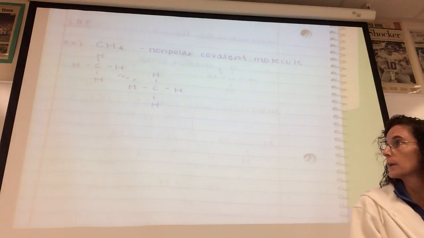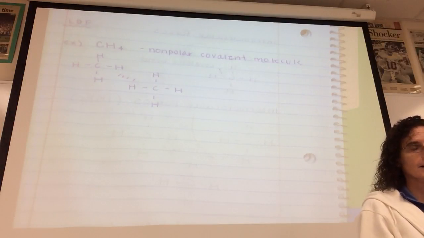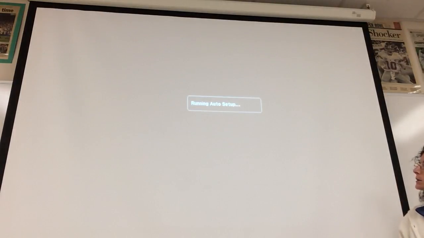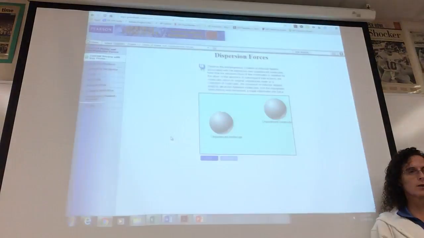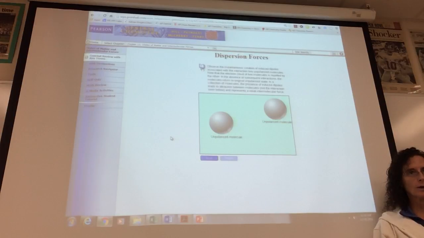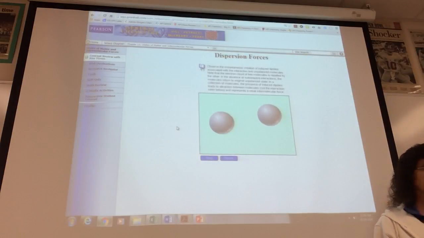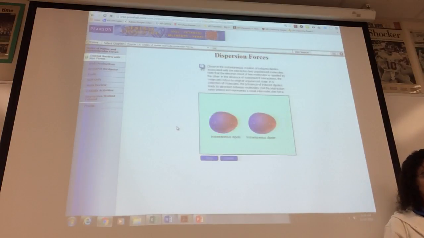Now this molecule here does not have dipoles, correct? Because it's nonpolar covalent. What happens with two nonpolar molecules is when they get near one another, they can almost excite one another. And initially you've got these unpolarized molecules with equal distribution of electrons in the bonds. But as they get close to one another, they can induce dipoles in one another, and they can have instantaneous dipoles.